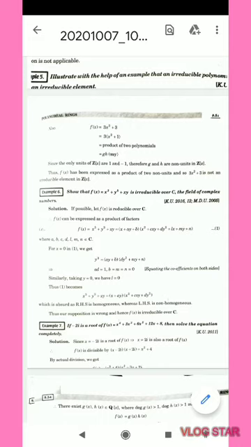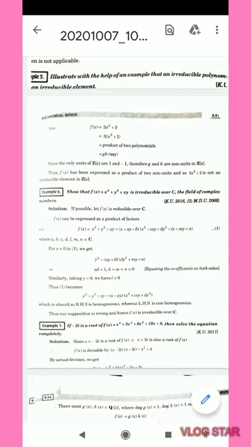Thus f(x) has been expressed as a product of two non-units, and so 3x² + 3 is not an irreducible element in Z[x]. So every irreducible polynomial need not be an irreducible element.